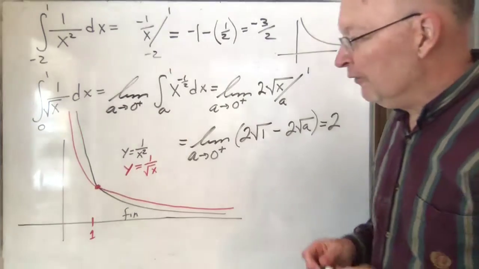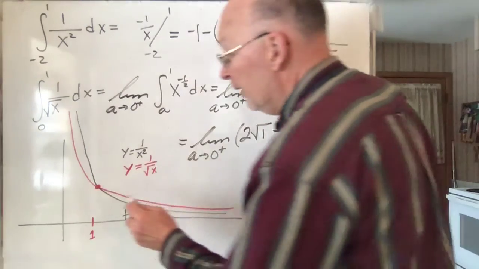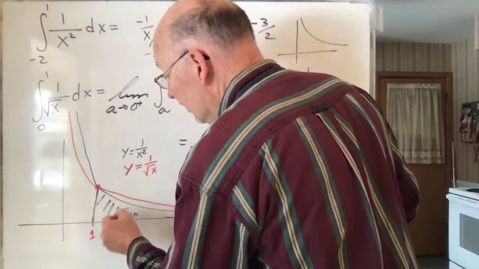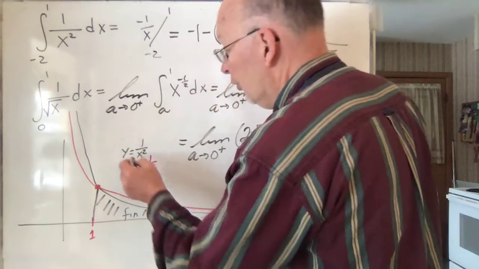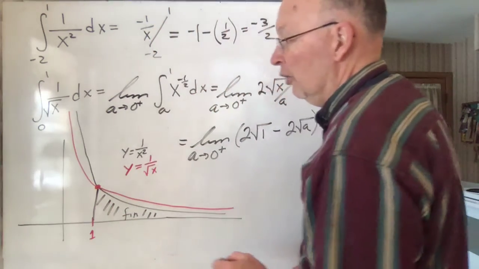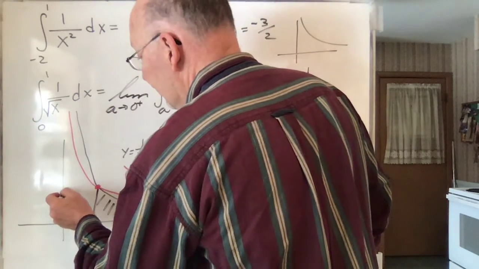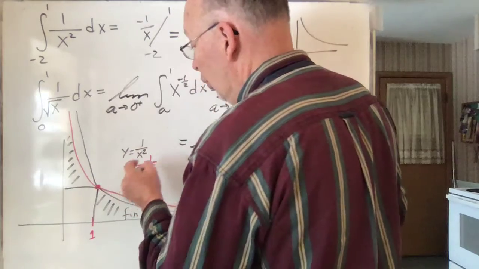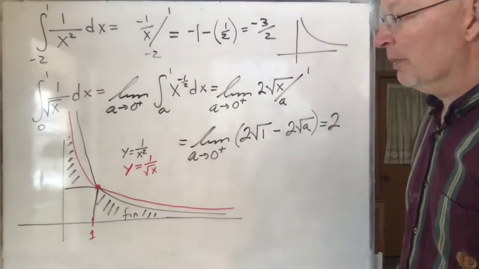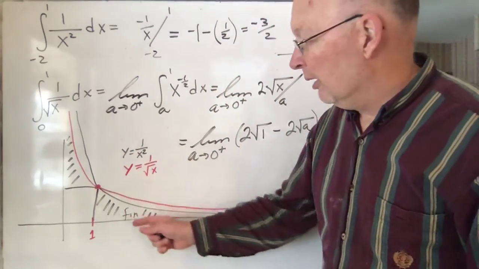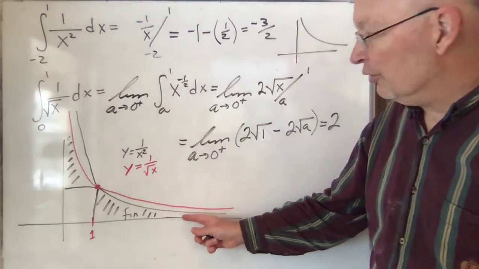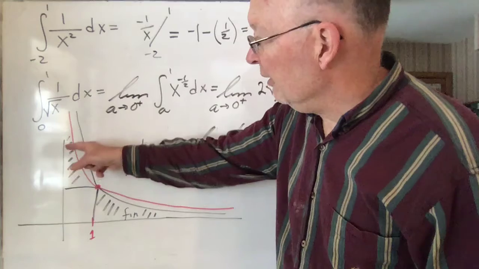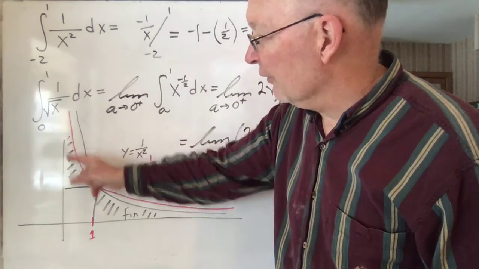These two things are inverse functions. So basically, this graph right here, underneath 1 over x squared, corresponds to this graph right here, underneath 1 over the square root of x. So the fact that this thing converged on this interval would suggest that this one is going to converge on this interval from 0 to 1.